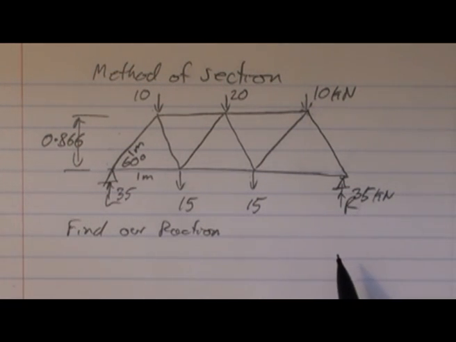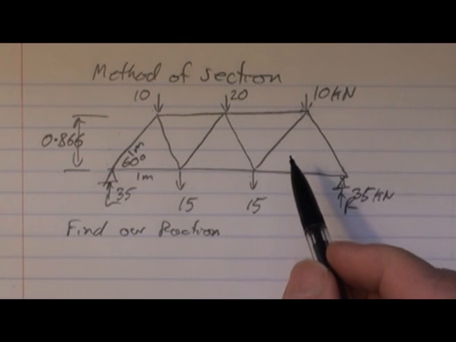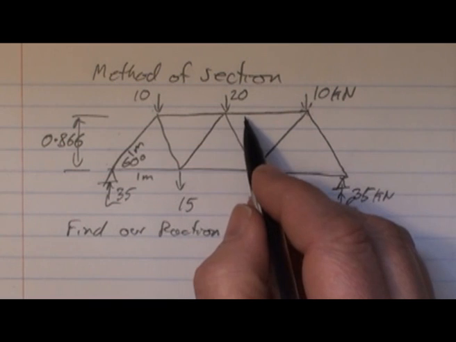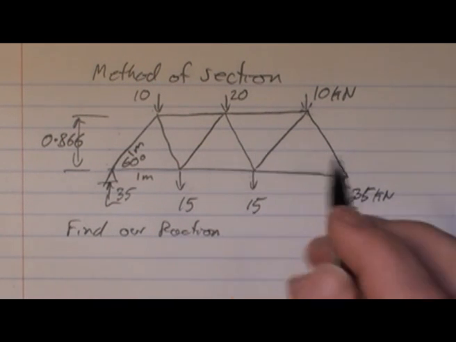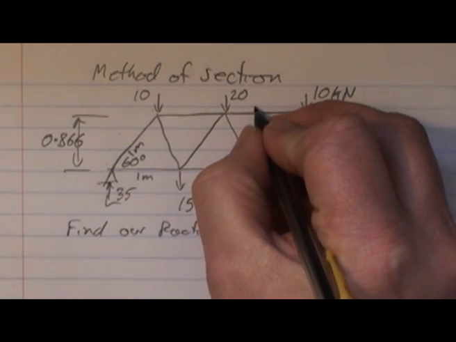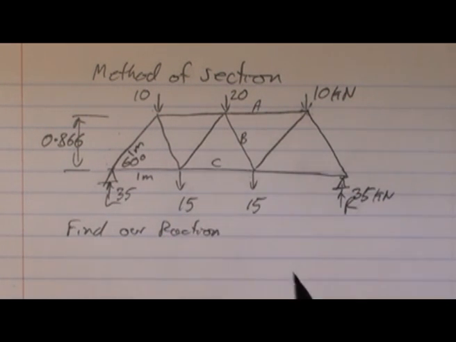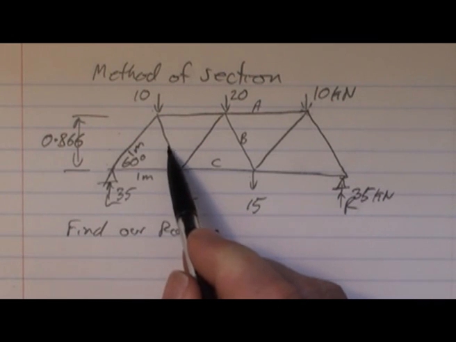Okay, method of sections. What we're trying to do with method of sections is to find the force in one or more of the members of this framework. In this case, I want to find the force in members A, B and C. I'm not interested in all the other ones.